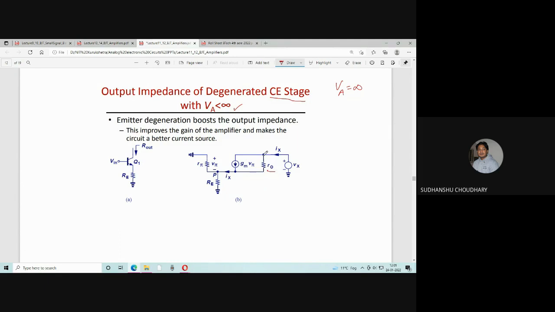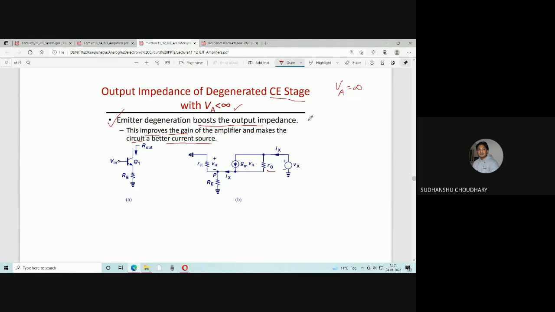So we bring in R naught here, and the effect of bringing R naught is that it boosts the output impedance. In the common emitter amplifier with degeneration, if I bring in this early effect, you will find that it boosts the output impedance, and also improves the gain of the amplifier, and thus makes the circuit a better current source.